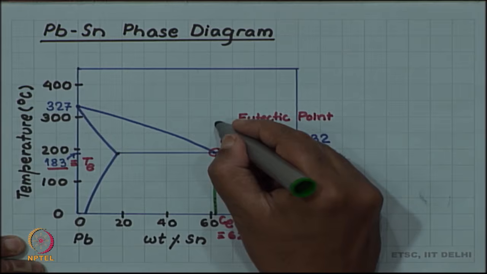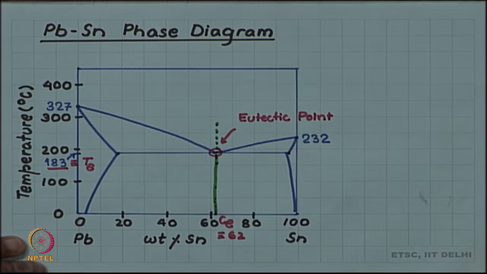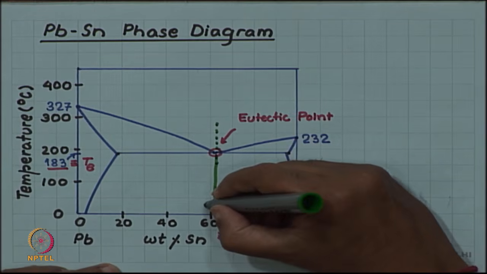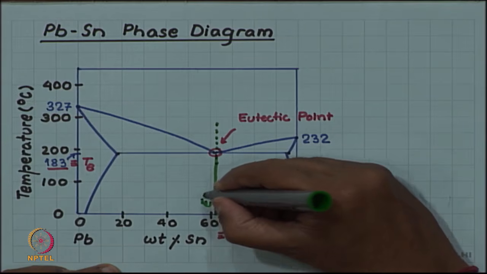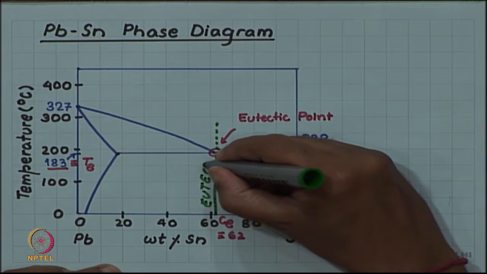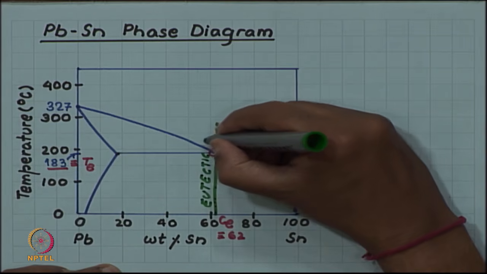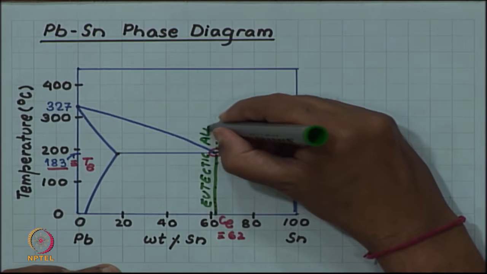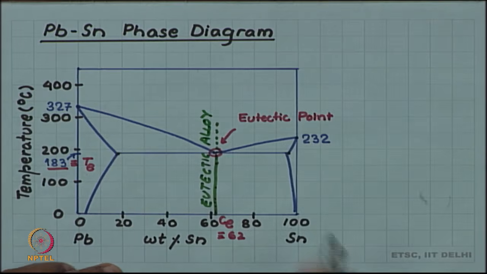I am drawing a vertical to represent that composition, it is not a boundary on the phase diagram. This is a eutectic alloy.